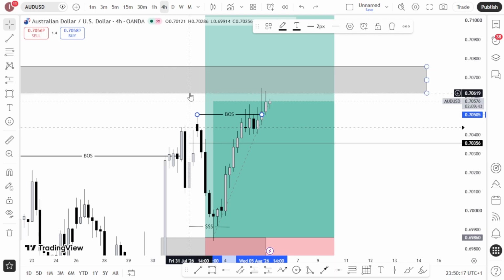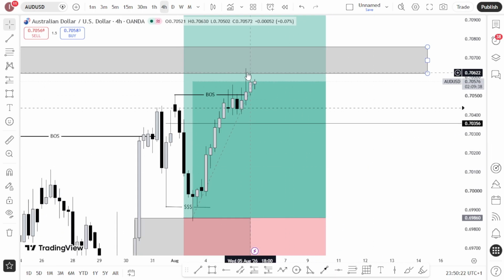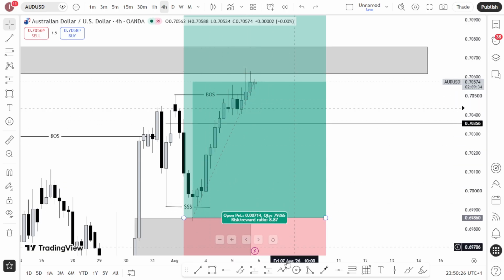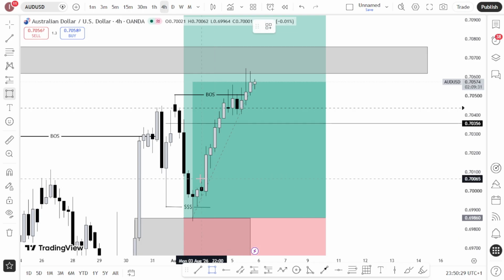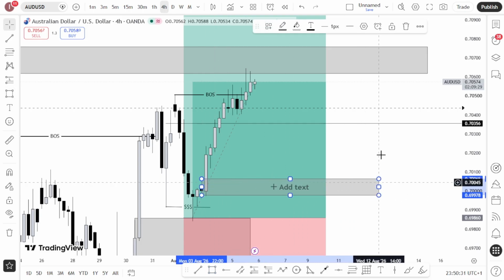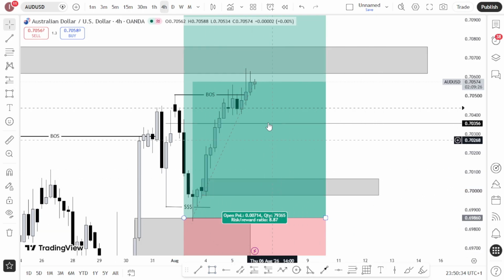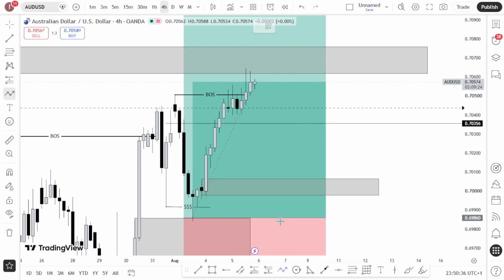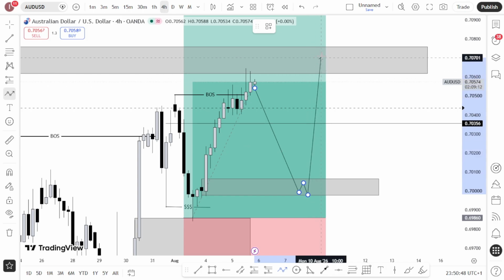So when we have a new break of structure here, it's either this supply zone pushes price back down into this tiny order block, something like this, then to gather momentum that will push price up to break this supply zone, and the buy will continue going.